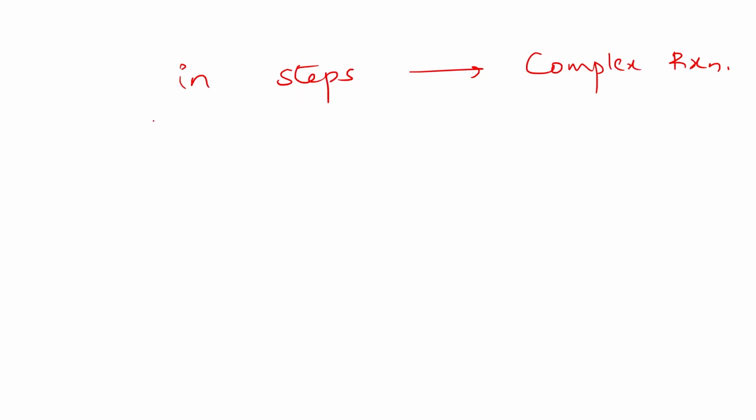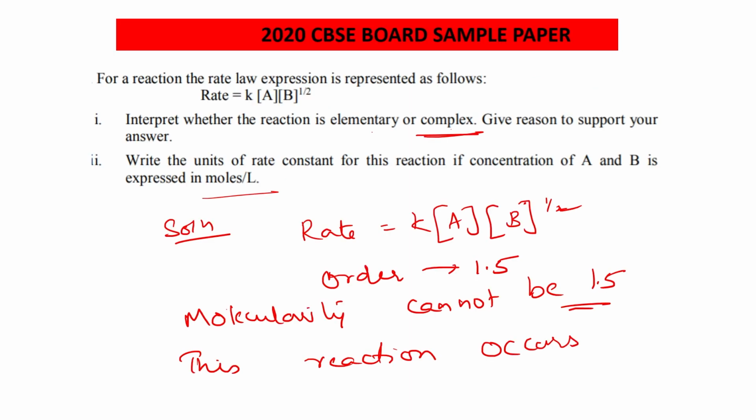Now, the second part is they say write or mention the rate constant units. They said concentration of A and B are expressed in moles per liter. Simple, students. For this concentration of A, moles per liter; for this concentration of A, moles per liter.